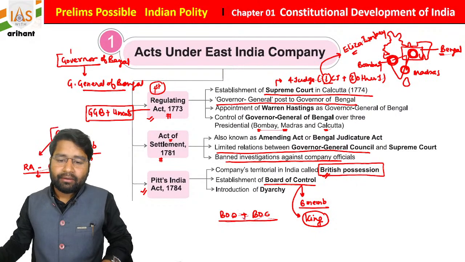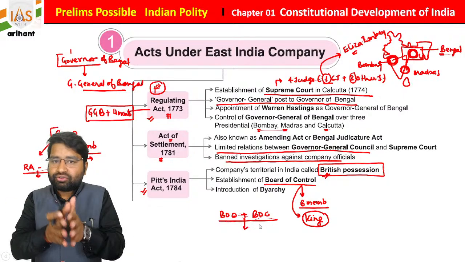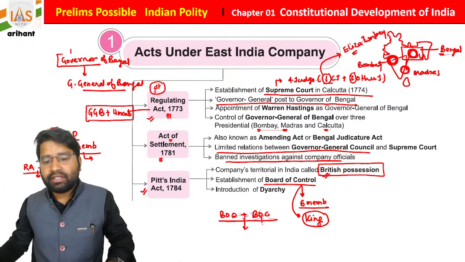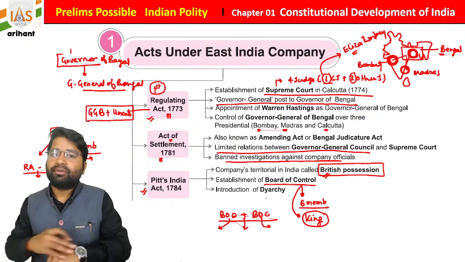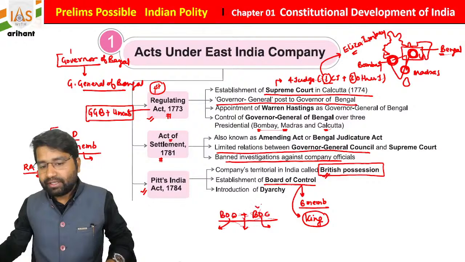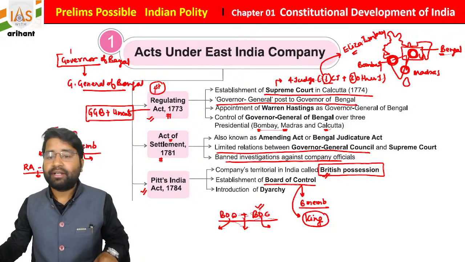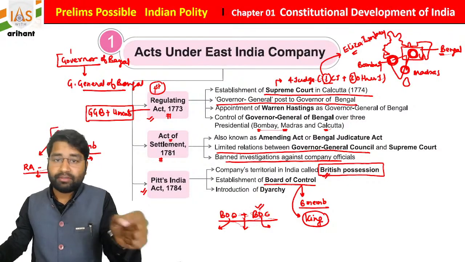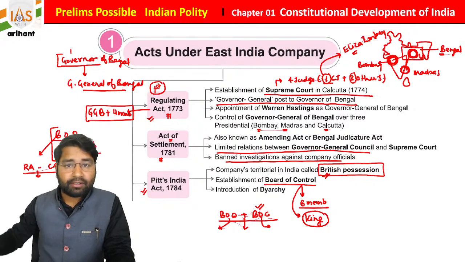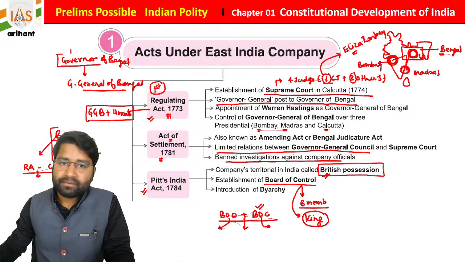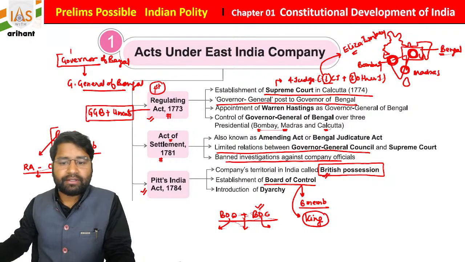And now from here the company is going to show 2 things. The administration as well as the company affairs will be taken care of by the board of directors, and the administration in the British territory, in the British possession, will be directly under the control of the Board of Control. So this was one thing, students.